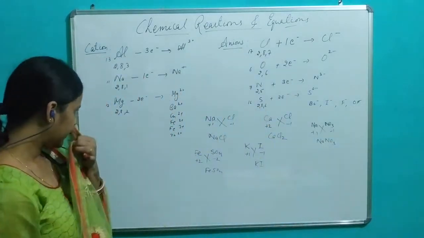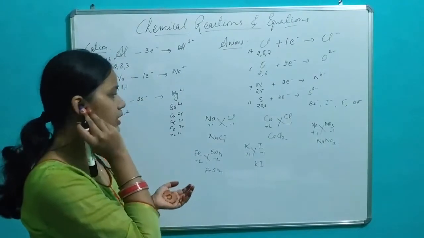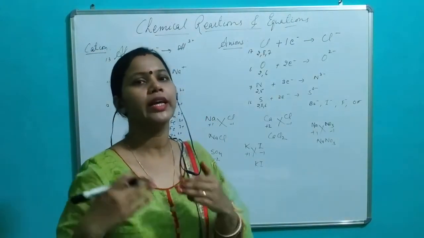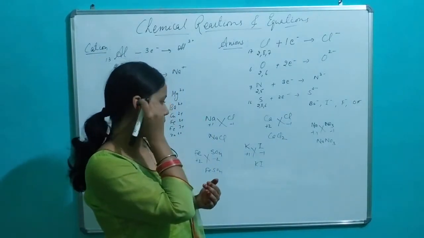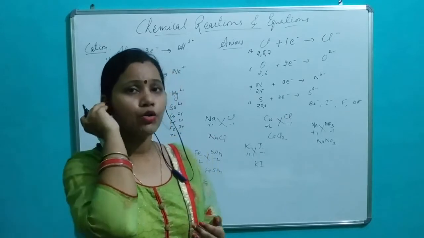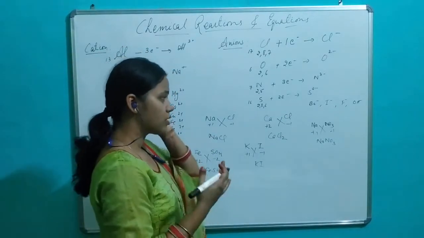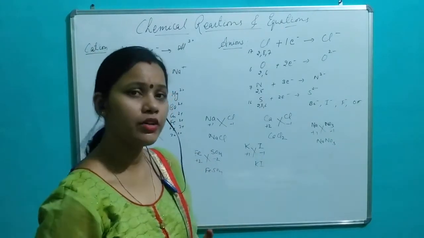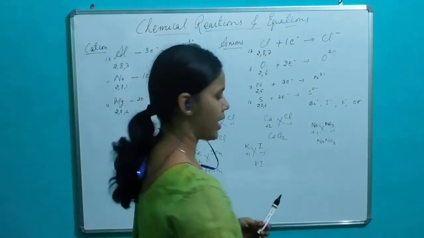So like this we can form different chemical compounds. This is from the previous knowledge you already have from class 9. In this chapter we are going to learn how to balance these chemical reactions. So now we will learn what a chemical reaction is and how to balance it.